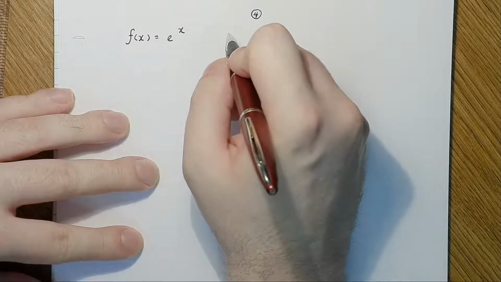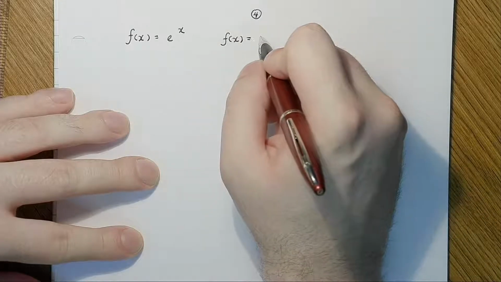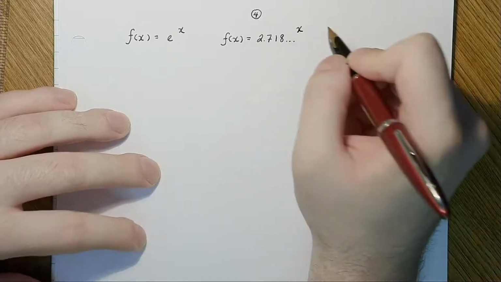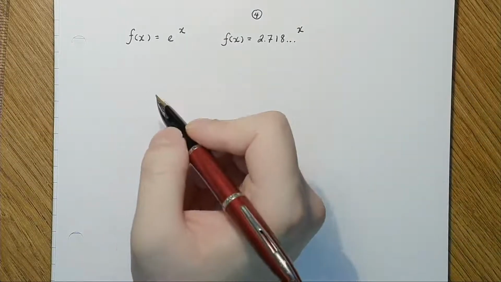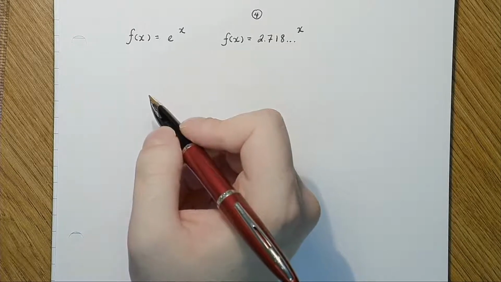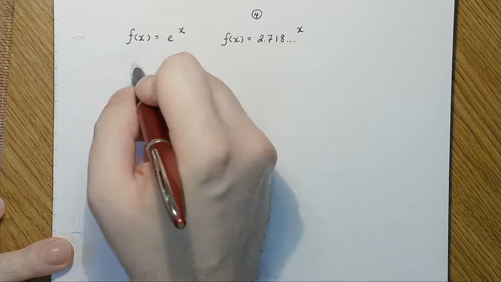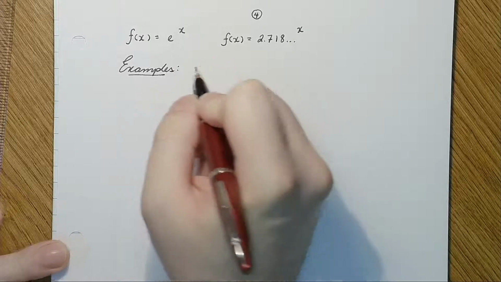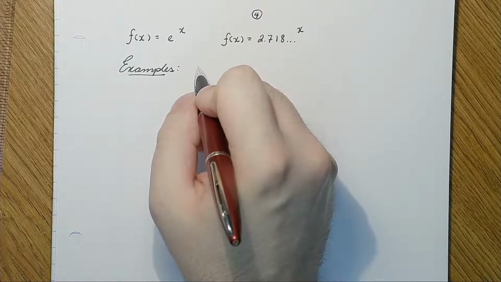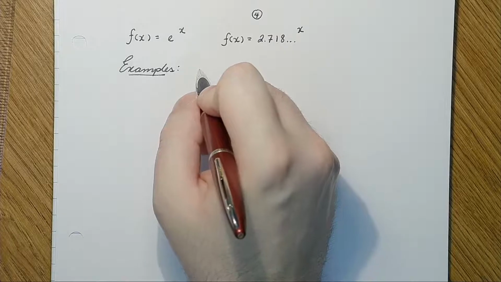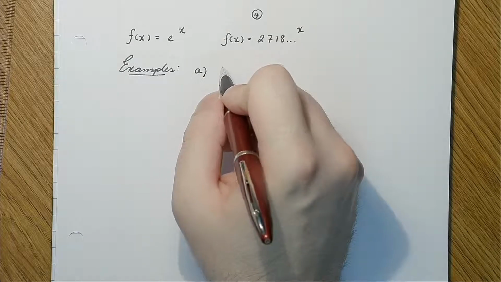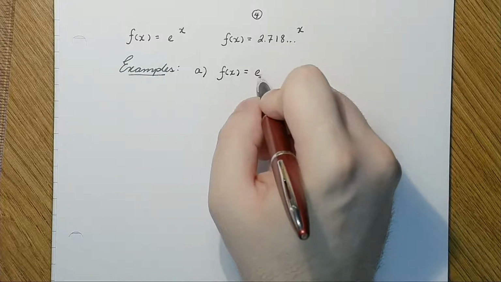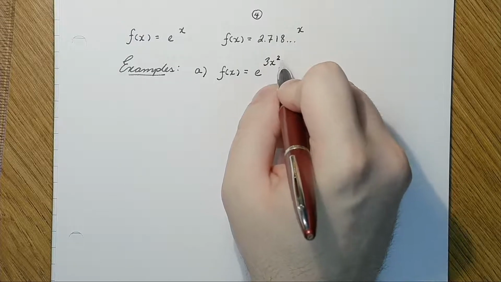You can think of it as a special exponential function, so it's 2.718... all to the x. So again, we can look at doing some examples. So let's do this one. e to the 3x squared plus x.